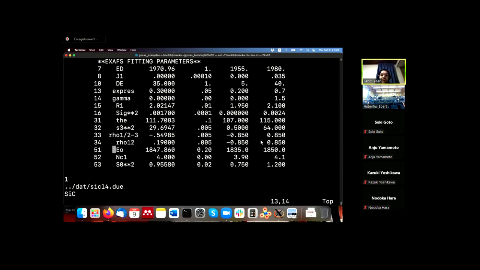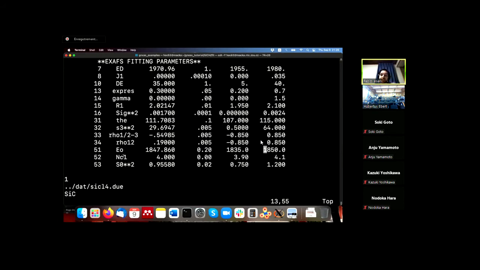So this A0 parameter is just where to put the initial energy of the theoretical calculation. In general, this should be around the edge energy plus 2 or 3 electron volts. That is a good starting value. And then you can just search around that interval.